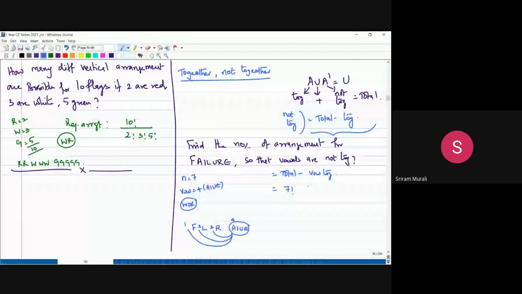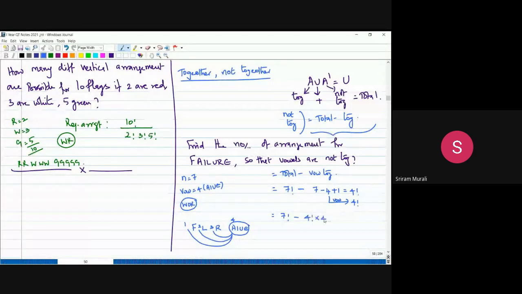So this is vowel together. 7 minus, take all the 4 letters and have it as one letter. The resulting count is 4. 1, 2, 3, 4. So this can be arranged in 4 factorial ways. These 4 vowels themselves can be arranged in another 4 factorial. And subtract this. So this is 7 factorial minus 4 factorial into 4 factorial. Simplify, you will get the answer.